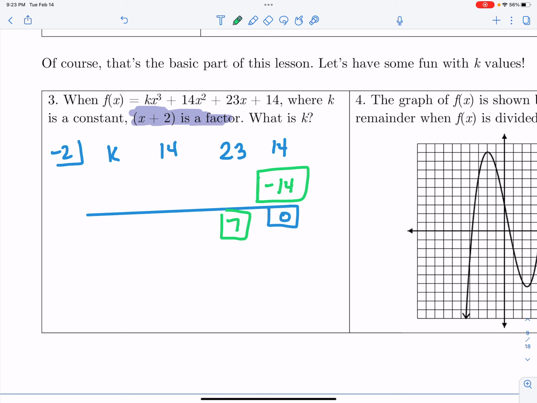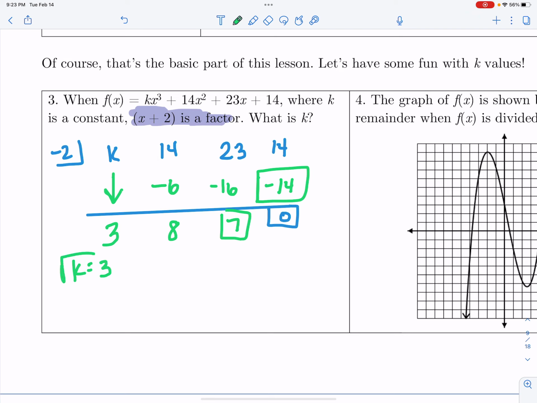Well, to get 7, I need to subtract 16. So 16 is right there. Well, to get negative 16, I need an 8 right here. And if I have an 8 right here, then I need a negative 6 right here.